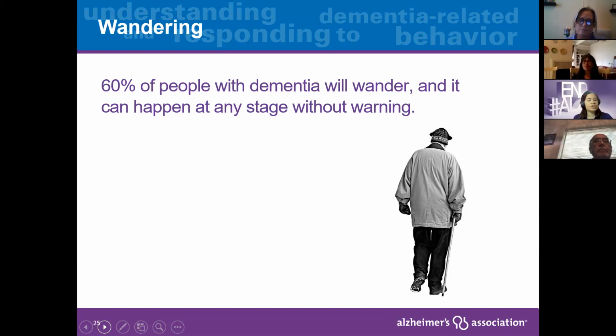She was in such good health when she was diagnosed, other than her memory problems, so she was able to move and wander around. That's the reason we have memory care facilities. They are on lockdown, because the person's mobility is okay. For some people, this is a concern not just at the beginning stage but also at the later stages. And we'll hear from Beverly.